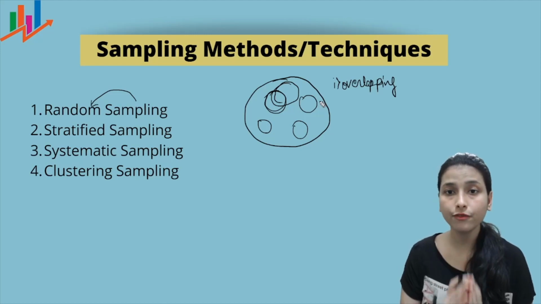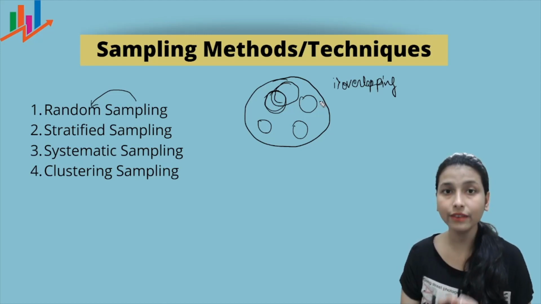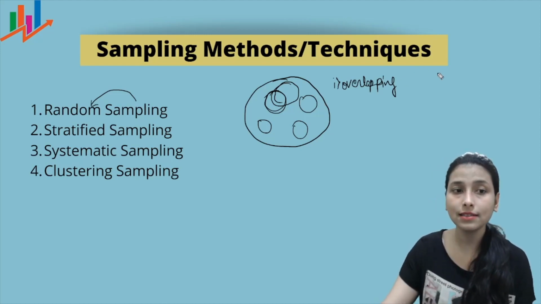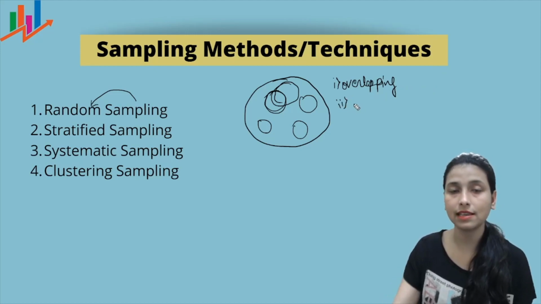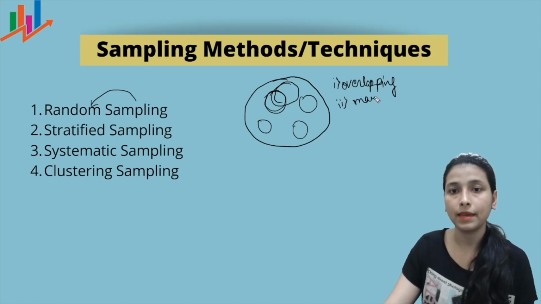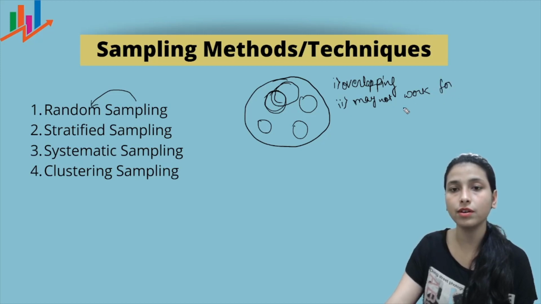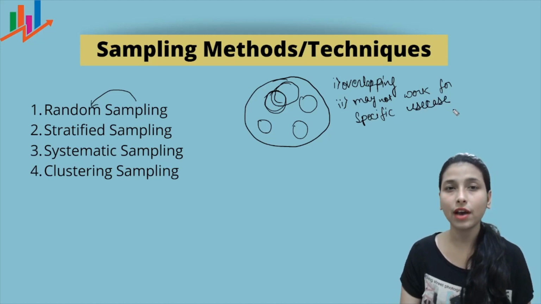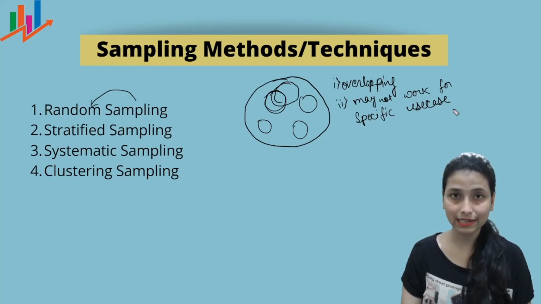So there will be overlapping and we don't want that. That is why inside data science, this random sampling may not work for specific use cases. So that is why we usually do not go for random sampling.